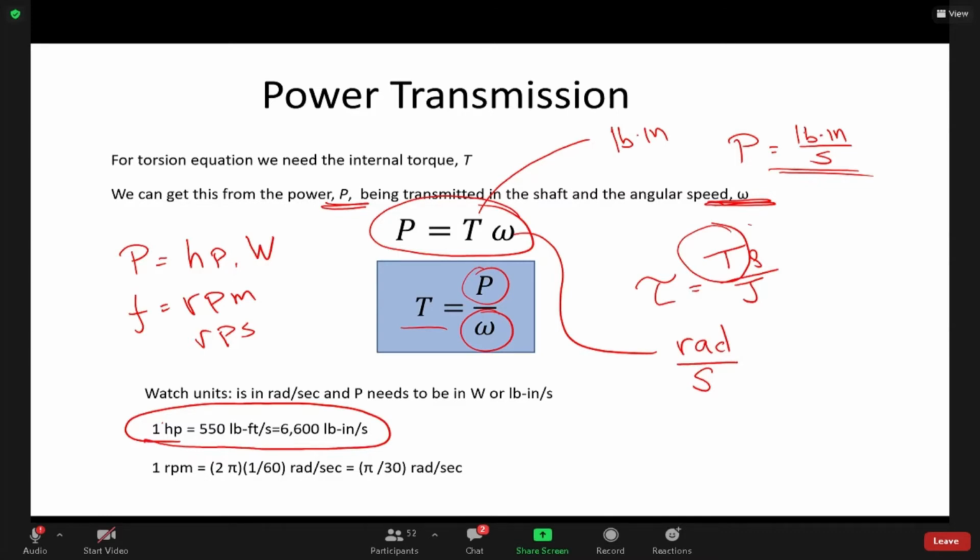It just is what it is: 550 pound-feet per second, or probably more useful for us because we tend to use inches, 6,600 pound-inches per second. So if you're told that you have a motor with 2 horsepower, that means it's going to be 13,200 pound-inches per second.